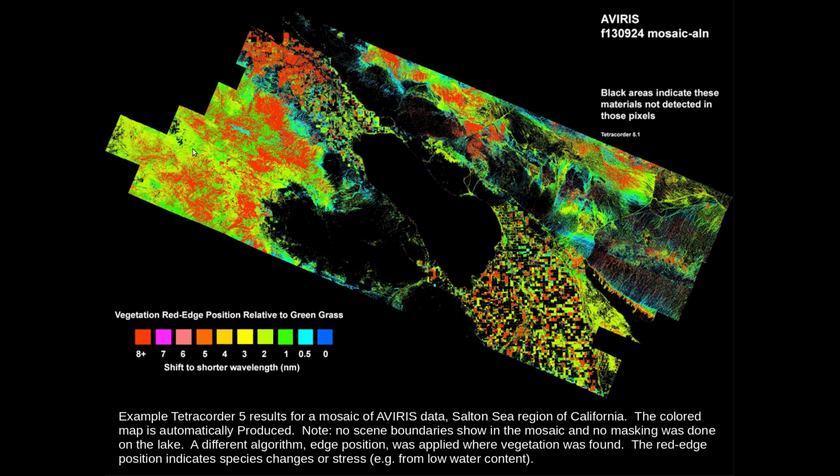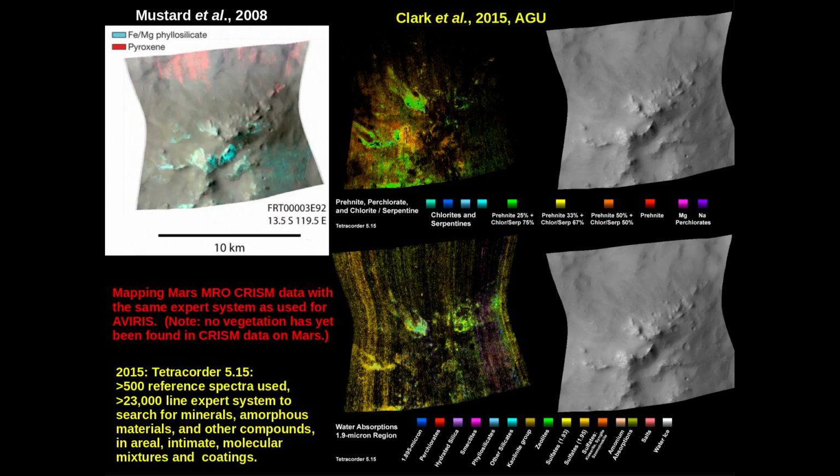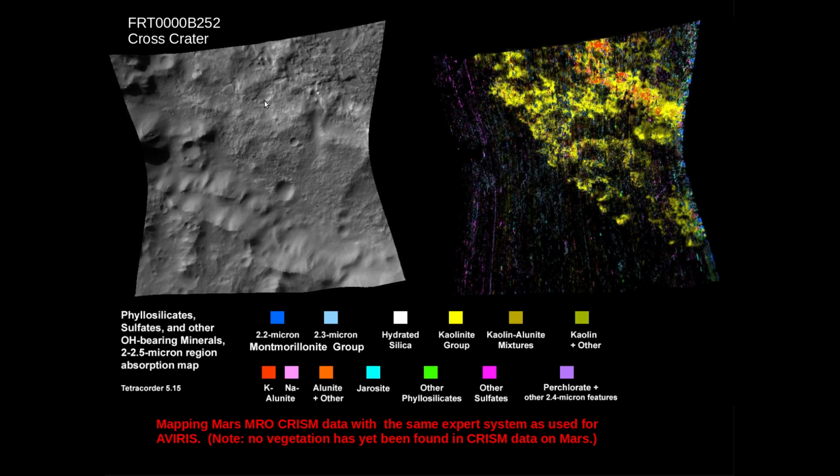And if you have a favorite algorithm that you like to apply for a specific problem, we can drop that into Tetracorder and use it to map whatever that algorithm is supposed to produce. The same Tetracorder expert system that was used for the Salton Sea is here used for Mars CRISM data. And again, more Mars CRISM data.